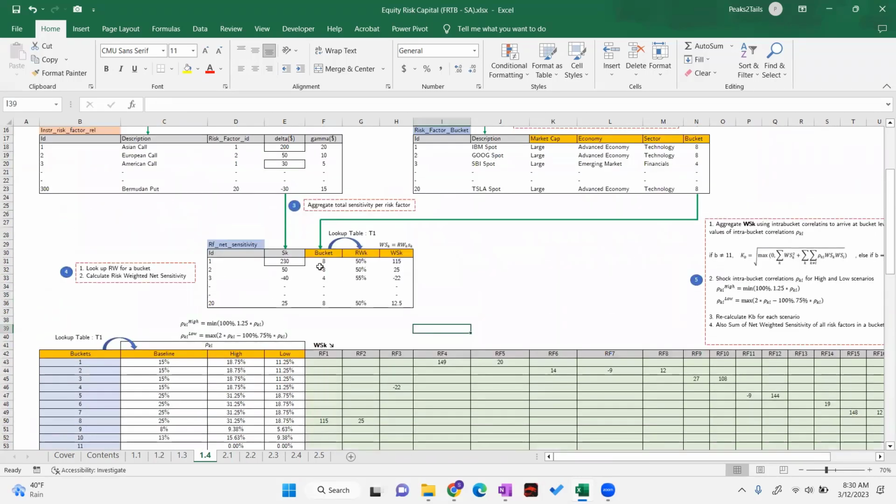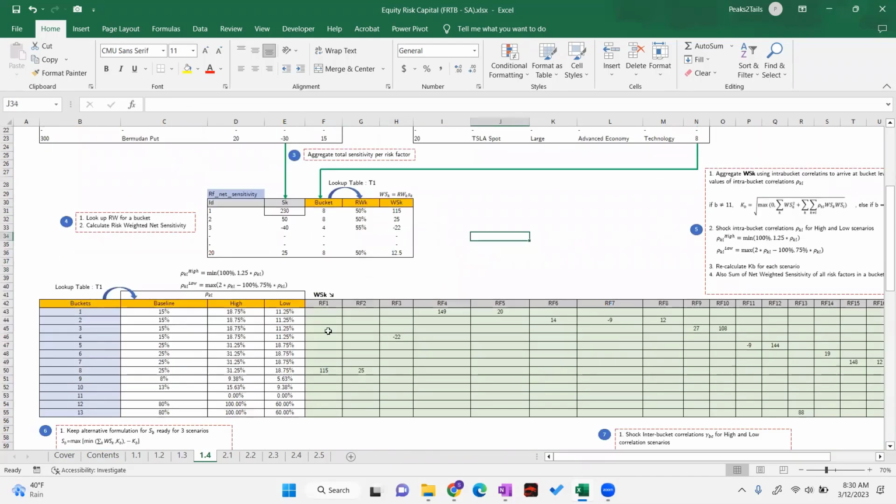These are the weighted net sensitivities, right? Risk factor 1, which is mapped to bucket 8, has a weighted net sensitivity of 115. So this 115 entry goes against bucket 8.